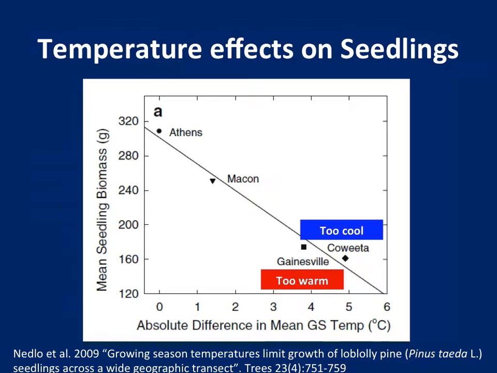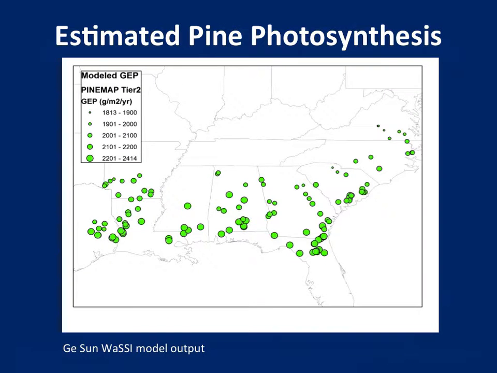But of course, if you grow trees across the region, you know that if you look along the coastlines where we have some of our warmer temperatures, it's often where we have our better productivity. And this is actually model output from G. Sun, a collaborator of Dr. McNulty's, and his model, the WASI model. It's estimating gross ecosystem production, which is basically photosynthesis.